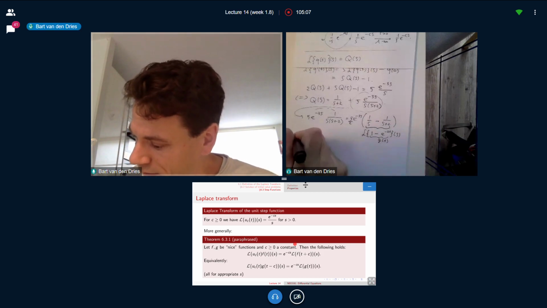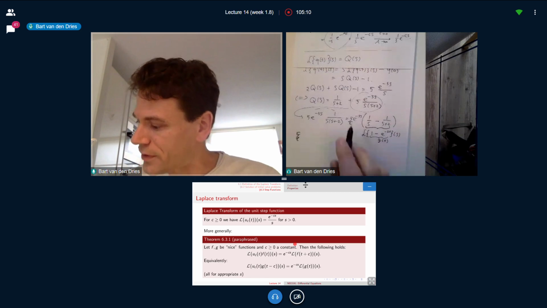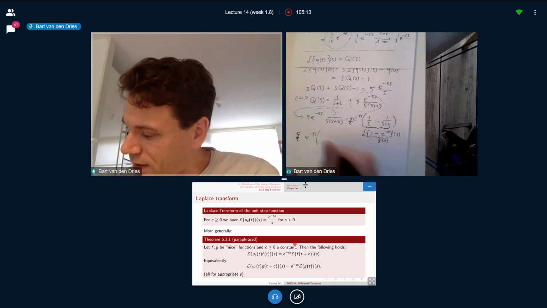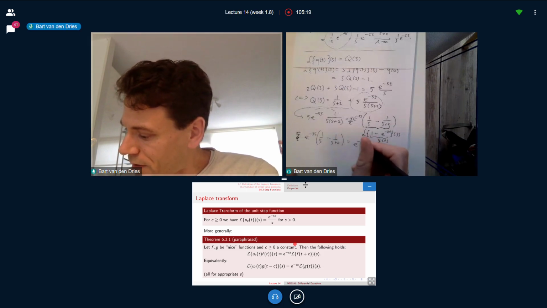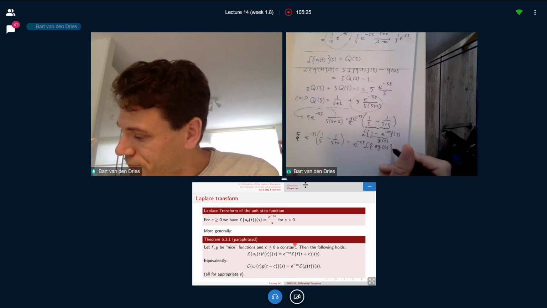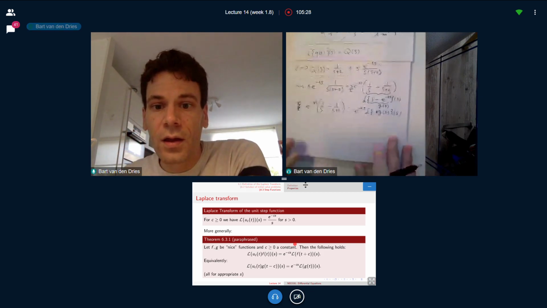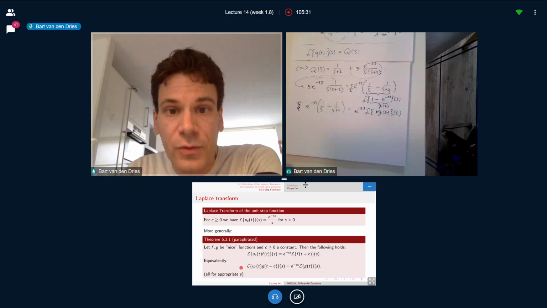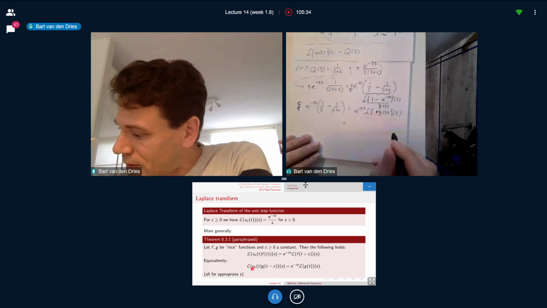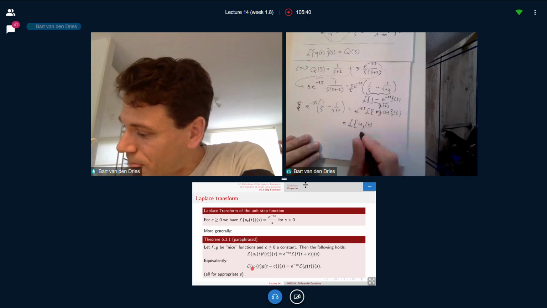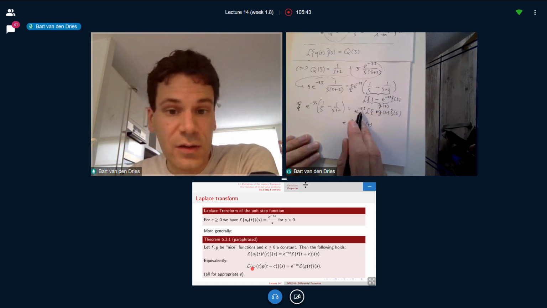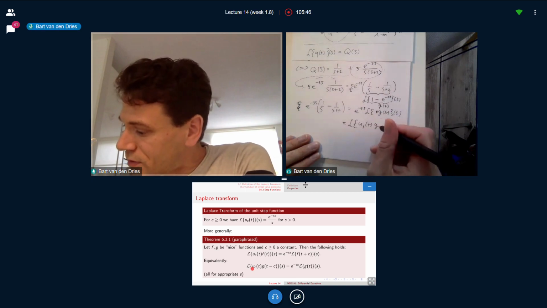So the whole thing, 5 over 2, no, let's first do the exponential. So e to the minus 3s times this thing is e to the power minus 3s times the Laplace transform of this g of t. According to this rule on the slide, this is equal to the Laplace transform of the step function, which jumps at c equal to 3, times g evaluated at t minus 3.